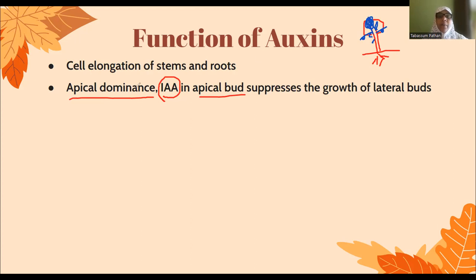If you apply indole acetic acid only to the apical bud, what will happen? This will suppress the growth of the lateral ones. The lateral buds which grow sideways will not grow. So you will find the tree to grow taller in this direction. It will not expand with respect to breadth.